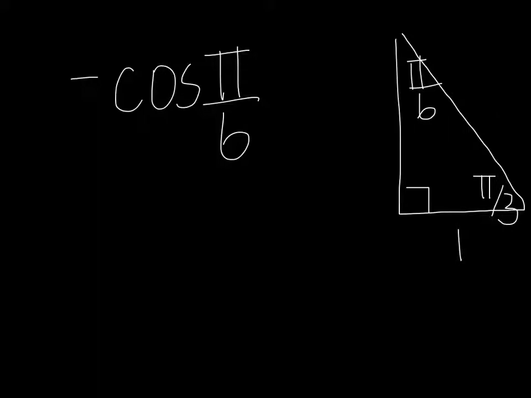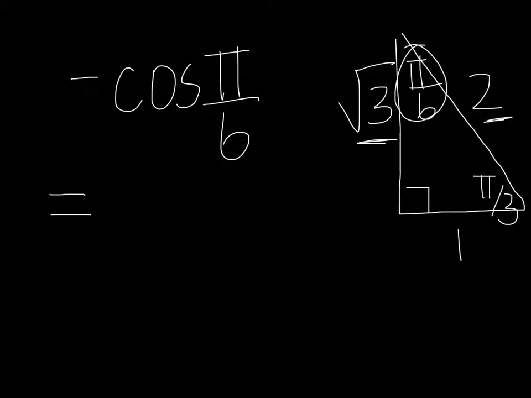Mark this in, 1, 2 and root 3, and we can get our answer. So we're working with cos, which is adjacent over hypotenuse, so that'll be minus root 3 on 2 is our answer.